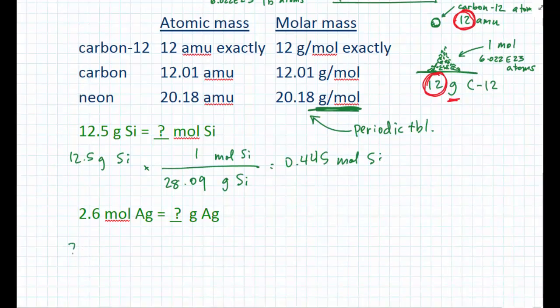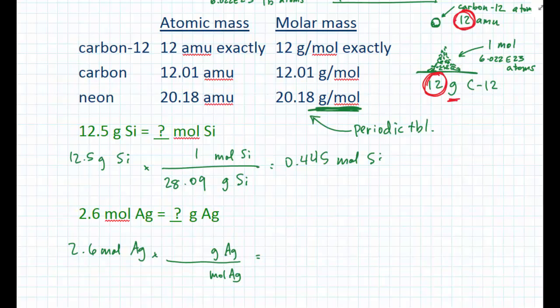Try it going the other way with 2.6 moles of silver. Calculate for me how many grams that would be. Look on the front cover of your notes if you need to.